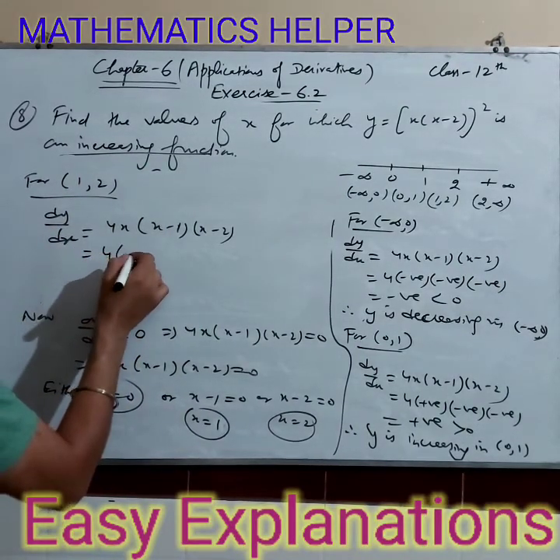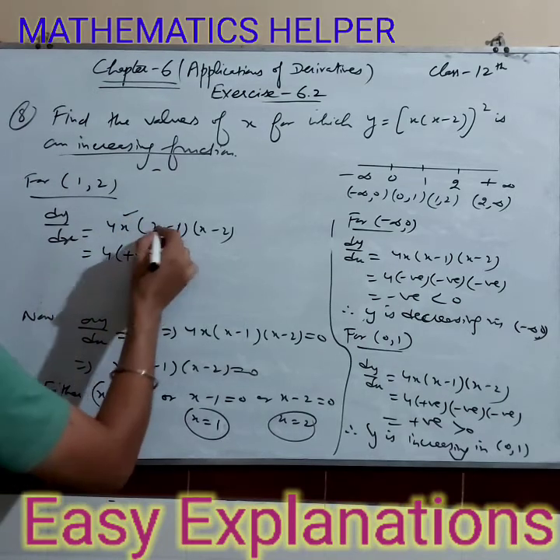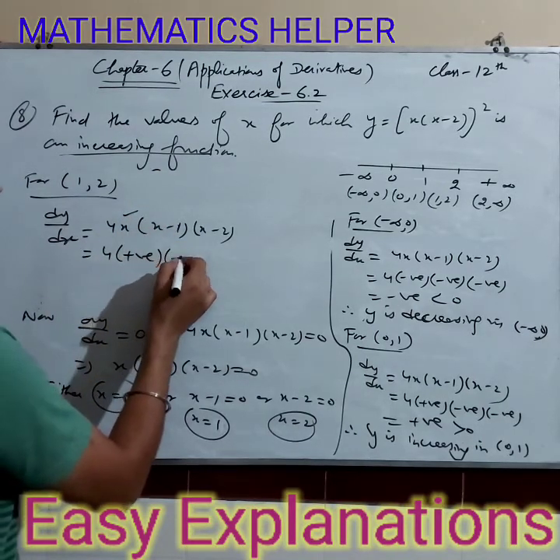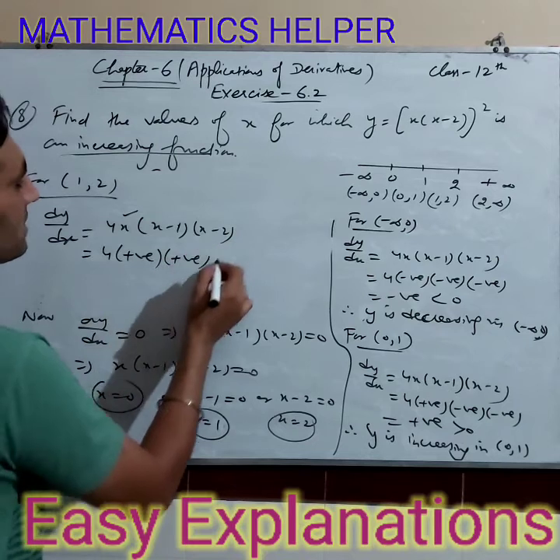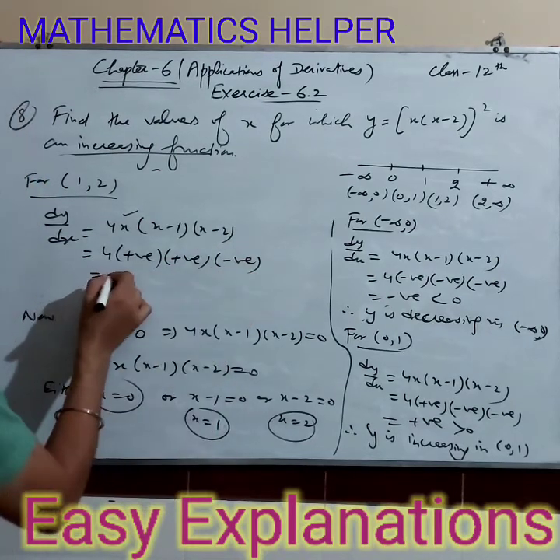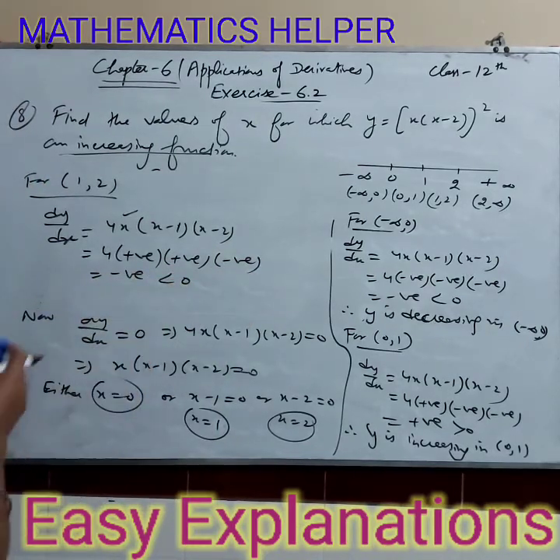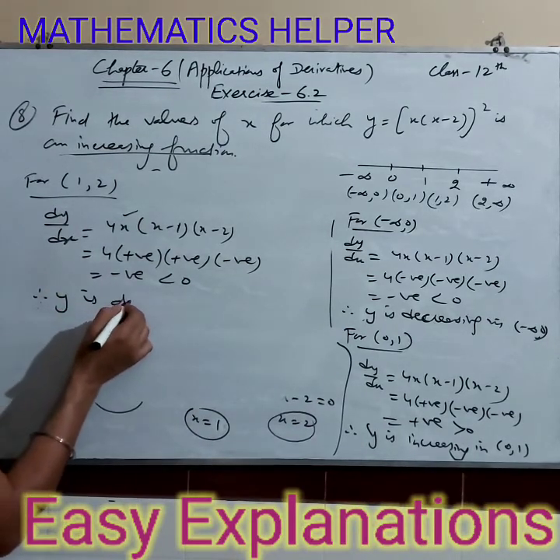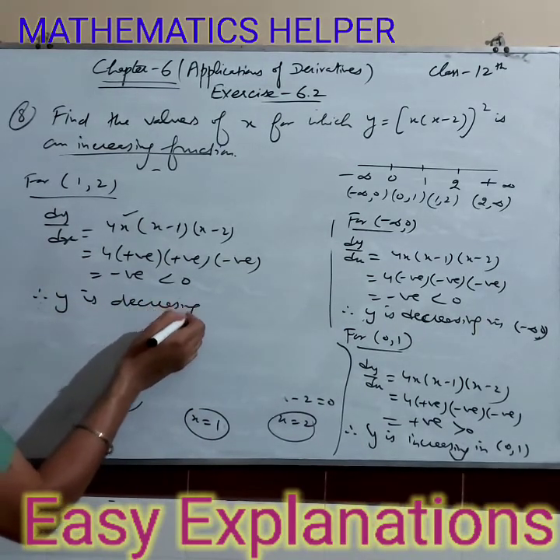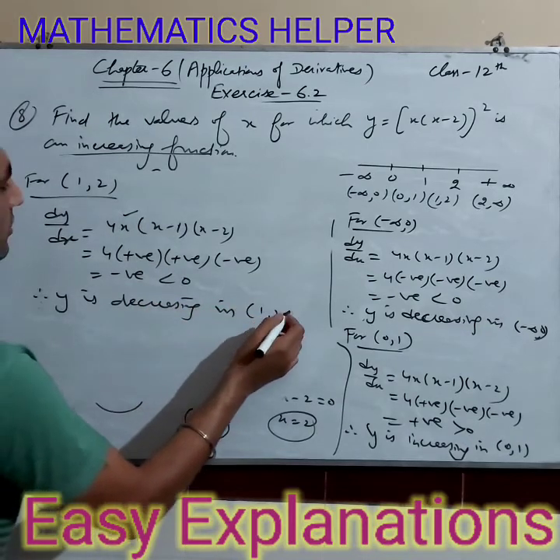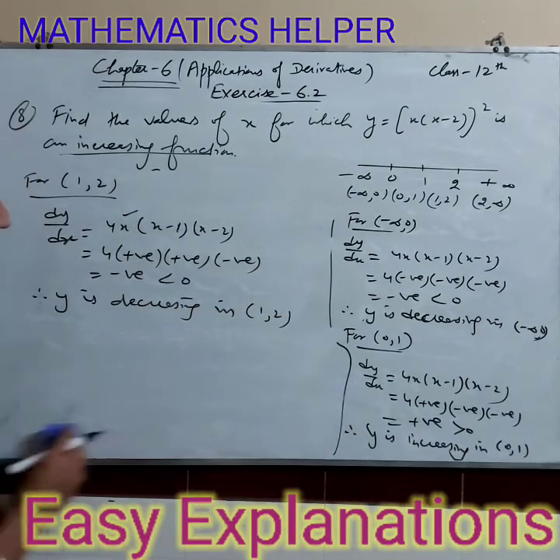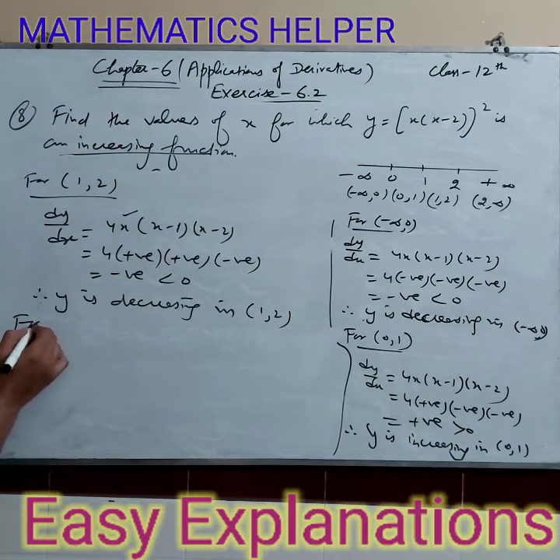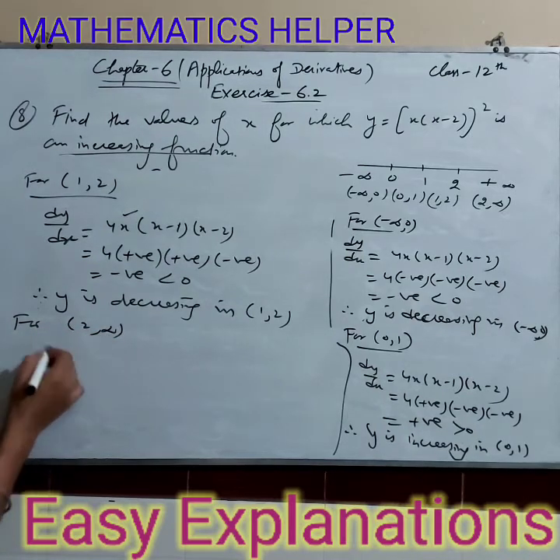So 1.5 is positive, so this x will be positive. 1.5 minus 1 will give positive. 1.5 minus 2 will give negative. So ultimately you will have negative sign which is less than 0. So we will say therefore y is decreasing in 1 to 2.